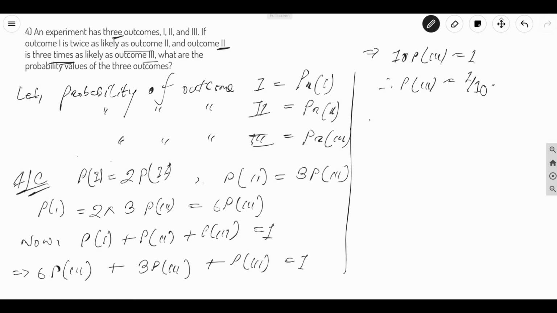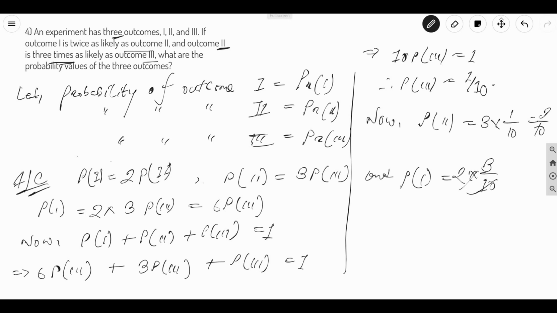So we can write that probability of 2 will be equal to 3 into 1 over 10, equals 3 by 10, and probability of 1 is equal to 2 into 3 over 10, and we'll have 5, then we'll have 3 over 5. So these are the three probability values we have for the three outcomes.